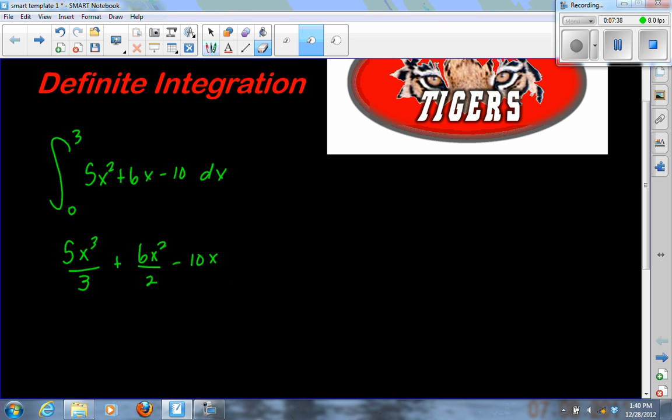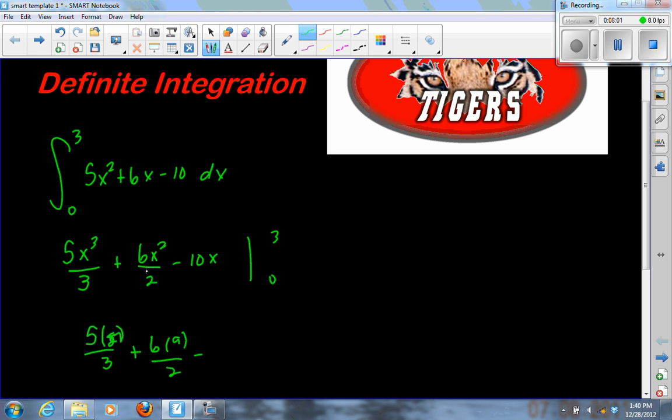Now, what you'll want to do is evaluate this integral from 0 to 3. So you do that by plugging in a 3 to all of these. So this would be 5 times 8 divided by 3 plus 6 times, this is a 27, plus 6 times 9 divided by 2, and you could have reduced this right here to be a 3, but minus 10 times 3.